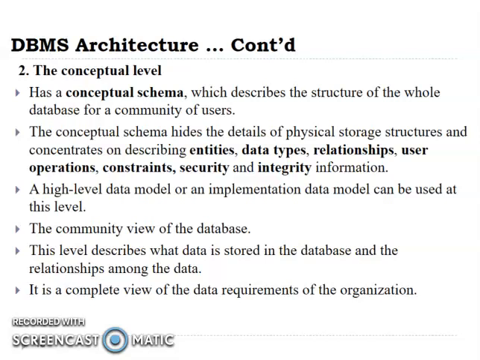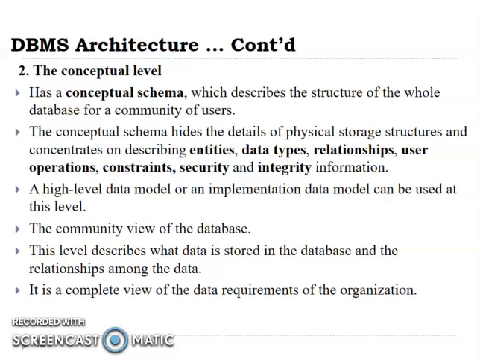As we saw previously, the internal level is mostly concerned with the physical structure of the database. But the conceptual one is not focusing on the detailed description of the physical storage.